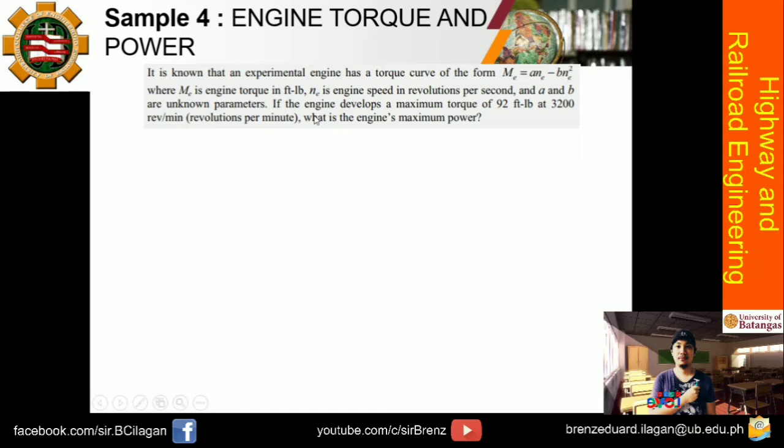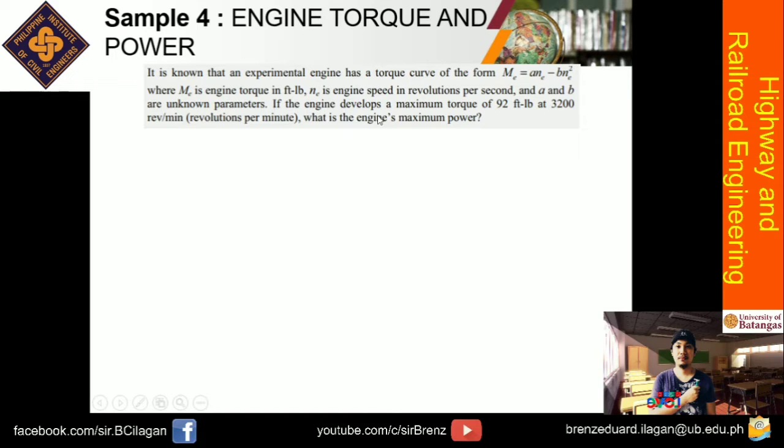Okay, so let's start with the problem. So sample number 4, this is for the topic of engine torque and power. So basahin natin yung problem. It is known that an experimental engine has a torque curve of the form M sub E is equals to a N sub E minus b N sub E squared, where M sub E is the engine torque in feet-pound and N sub E is engine speed in revolutions per second. And a and b are unknown parameters.